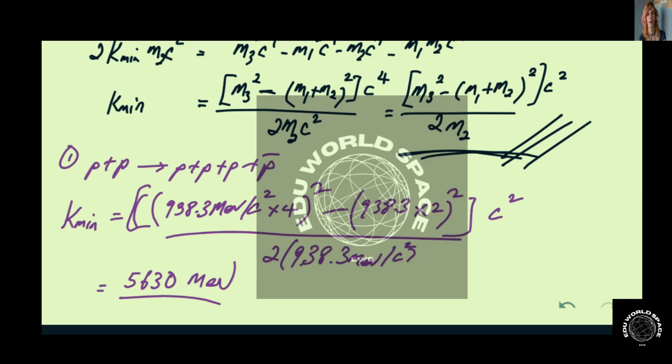Now for the second equation, we're looking at the pion being the M1. The proton is at rest, fire towards the kaon to produce the kaon and the lambda naught baryon. So I'm going to start off with the pion.